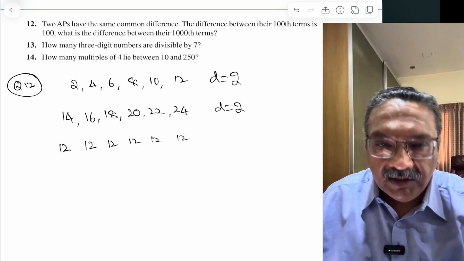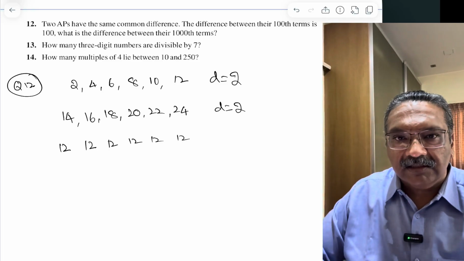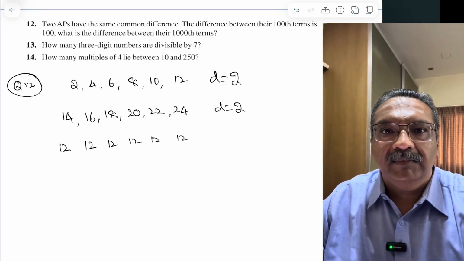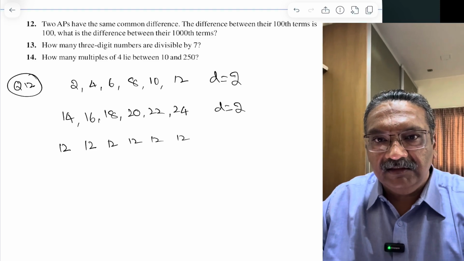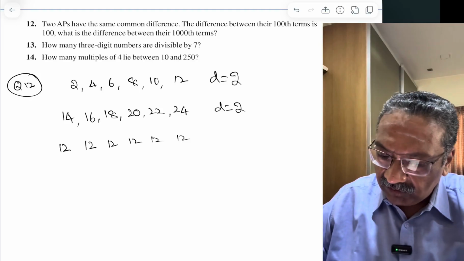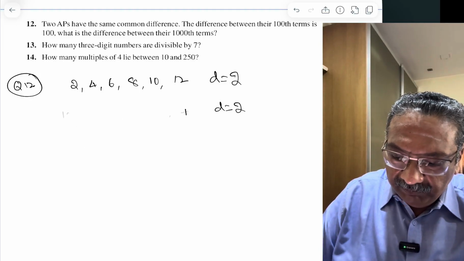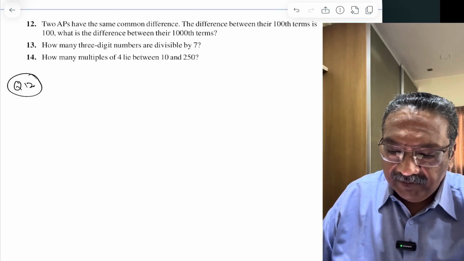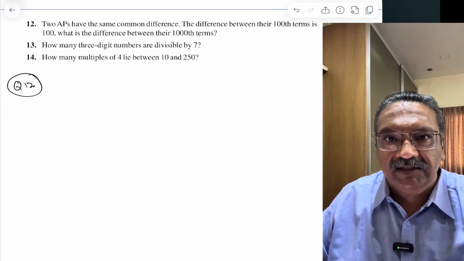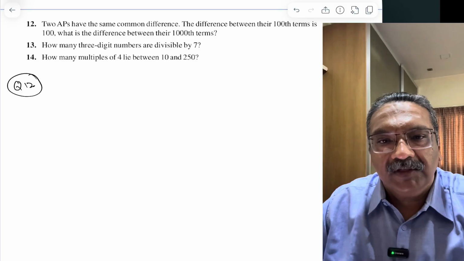You can observe that when you have two arithmetic progressions, the starting terms will be different, but if the common difference is the same, the difference between their nth terms will also be the same, whether you take the 100th term or the 1000th term. So, based on simple common understanding, if two APs have the same common difference, then the difference between their nth terms will be the same.